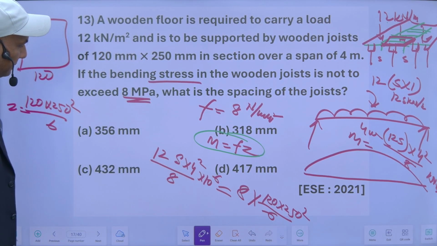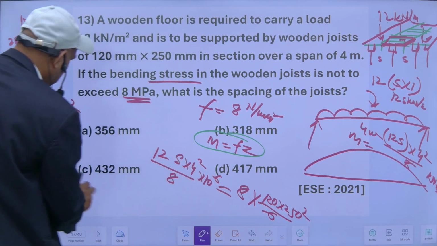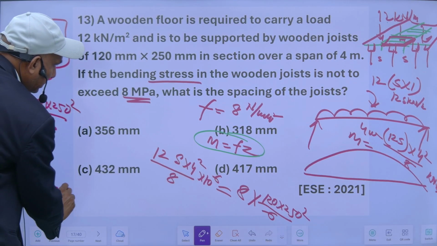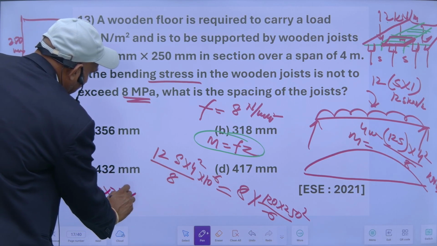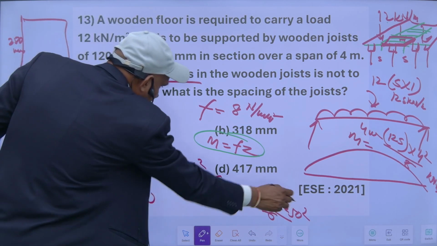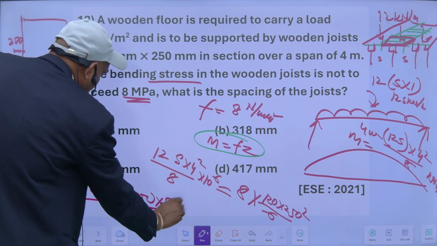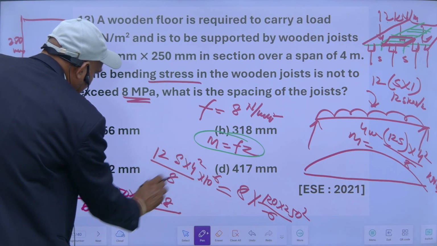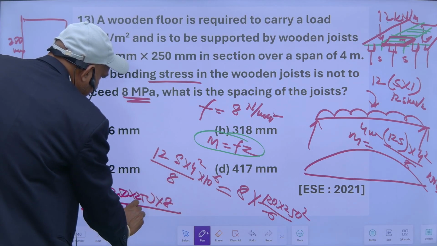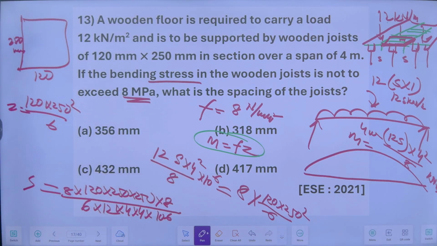So S will be 8 into 120 into 250 into 250, divided by 6 into 12 into 4 square into this one.